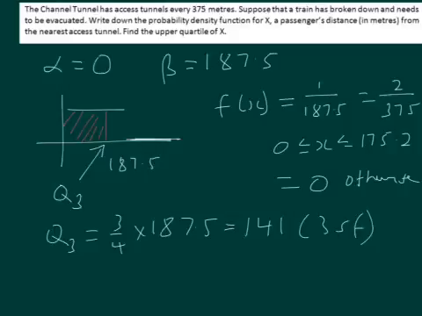Obviously this only works because it's a uniform distribution. If this was going up or down or curving, then it wouldn't be quite so straightforward. But because it's a uniform distribution, this length here is 3/4 of the whole length, because the area is 3/4 of the whole area.